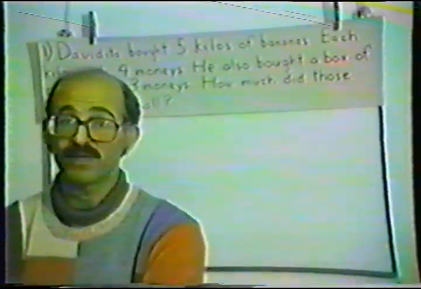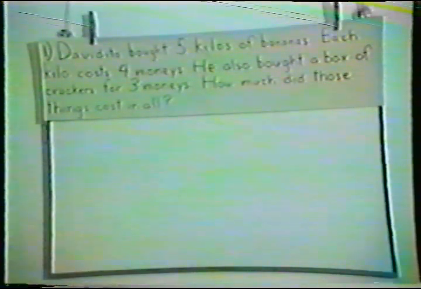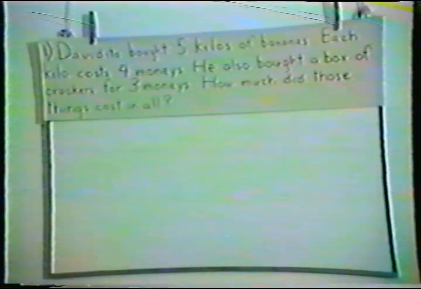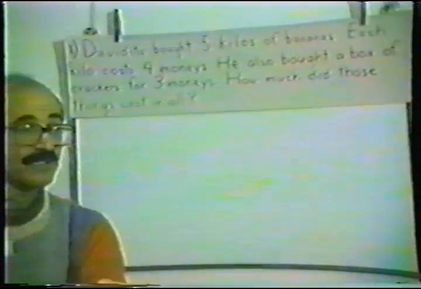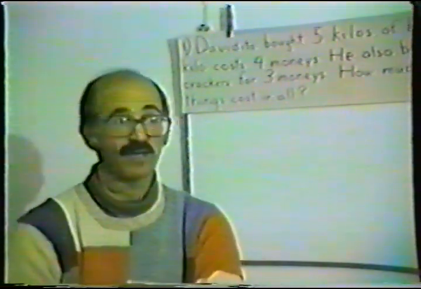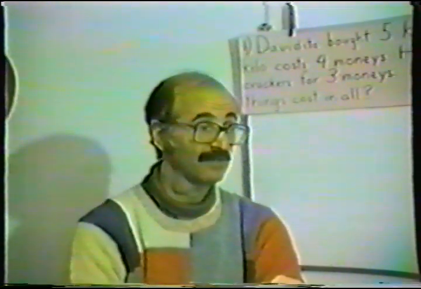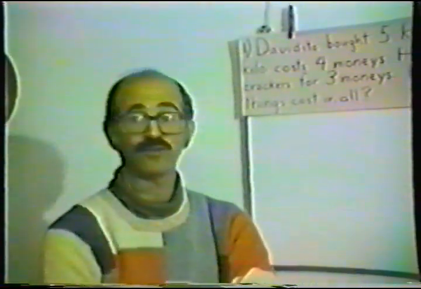Davidito bought 5 kilos of bananas. Each kilo cost 4 monies. Well, let's find out how much money he spent on bananas. How do we do that?